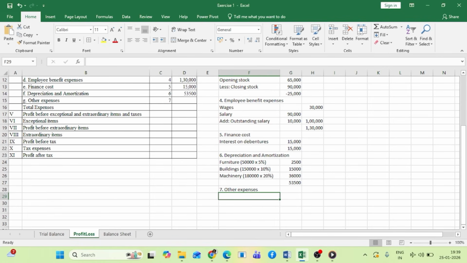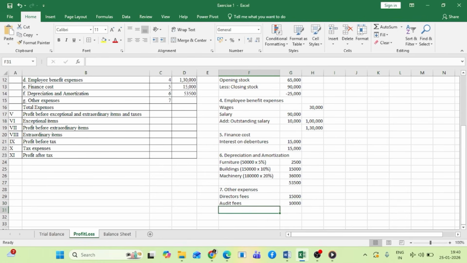The first one is your director's fees. The amount is 15,000. The next one is your audit fees. The total of your audit fees is 10,000.